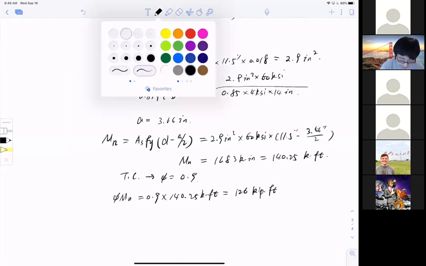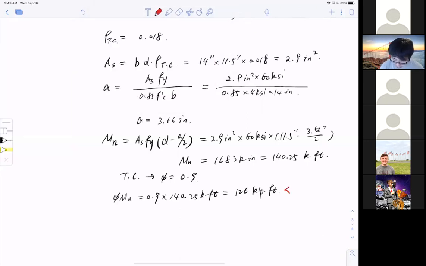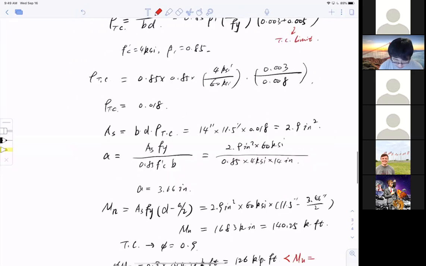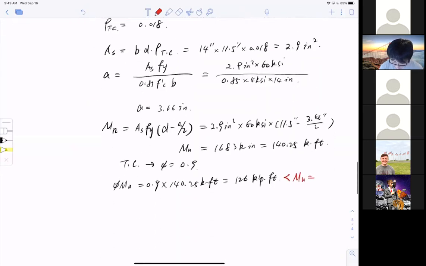Apparently this number is not adequate. It's smaller than the applied moment, which is right here, 160 kip foot.